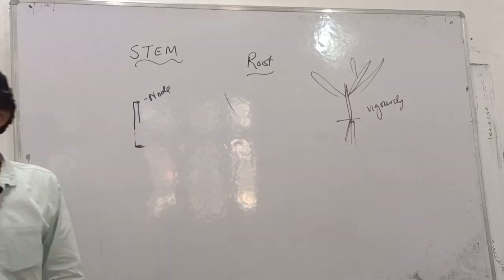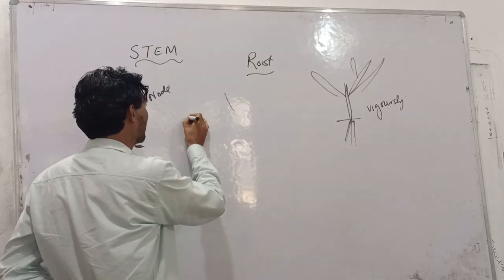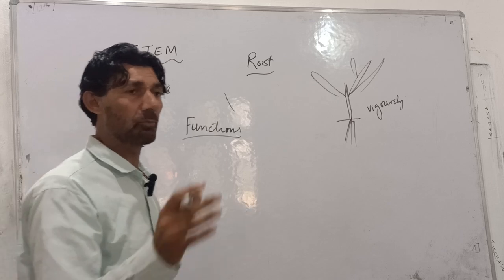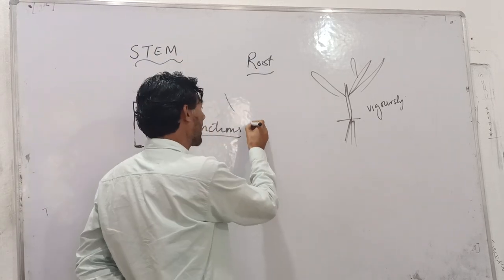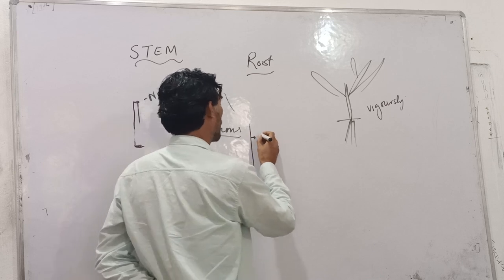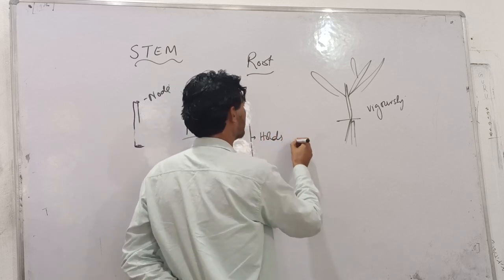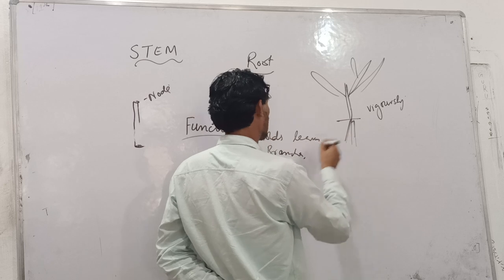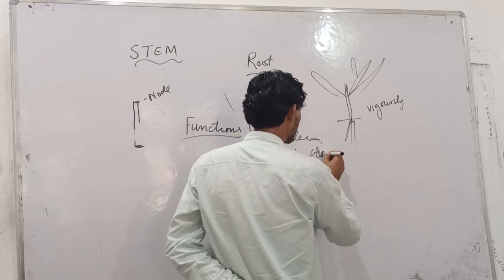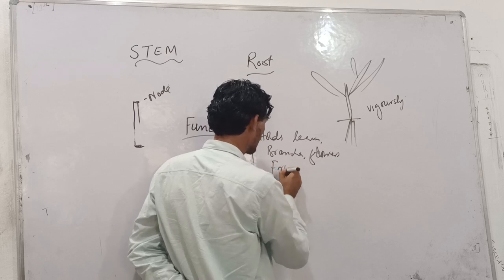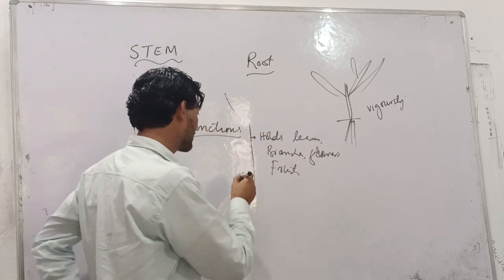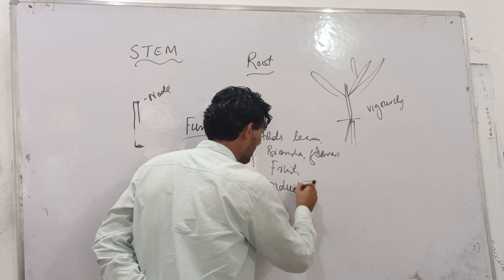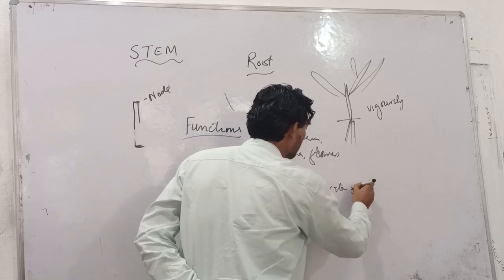Now the main functions of the stem. The primary function is that it holds leaves, branches, flowers and fruits. The second main function is that it helps in conduction of water and minerals.